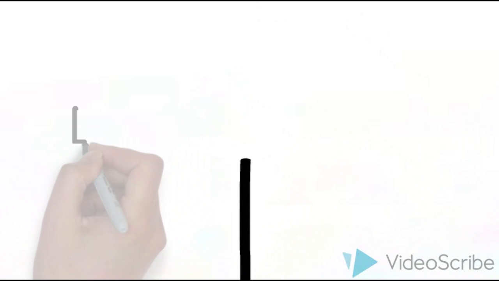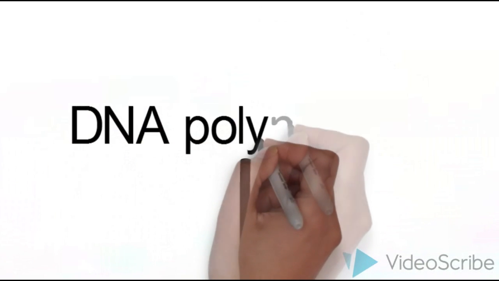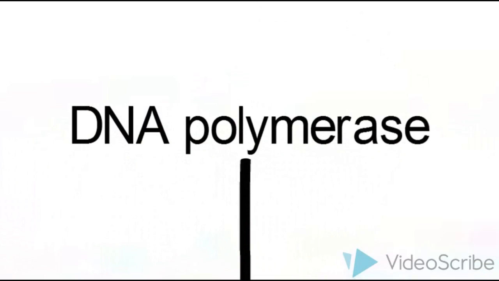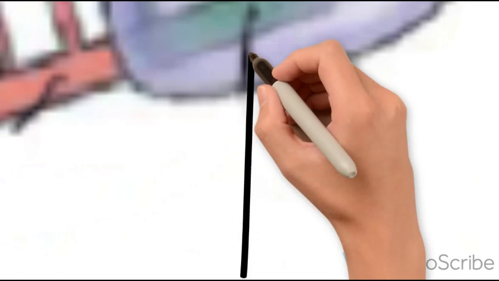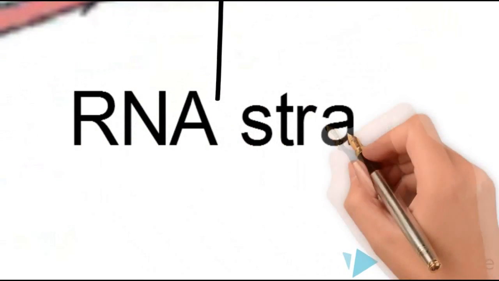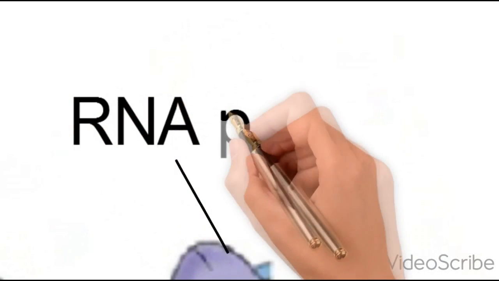Here you see DNA polymerase. Let's draw another illustration. First, on the template strand, there will be an RNA strand, or we say it's RNA primase.